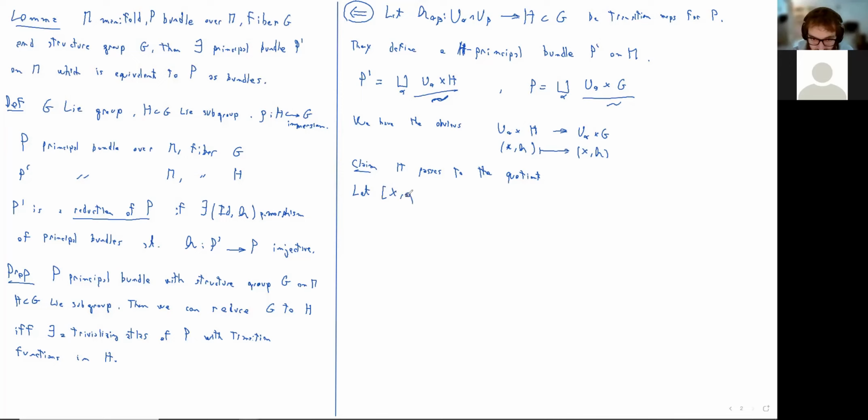We take (x, g prime), and this is going to be equal to (x, h alpha beta of x times g prime). So this is the same equivalence class, and here we think of this pair in U alpha, and this we think about in U beta. Okay, the opposite, sorry, beta alpha.